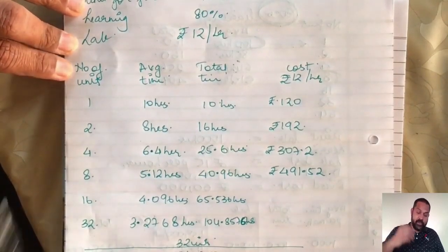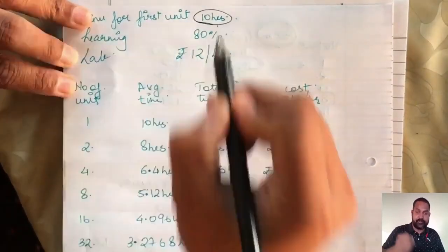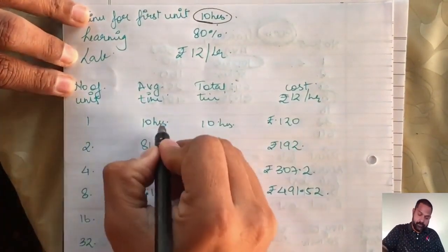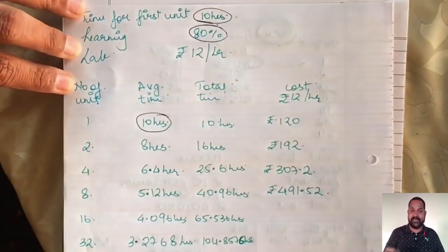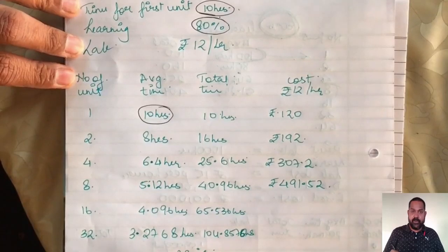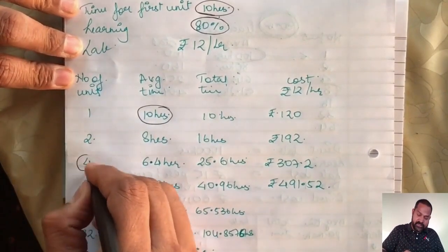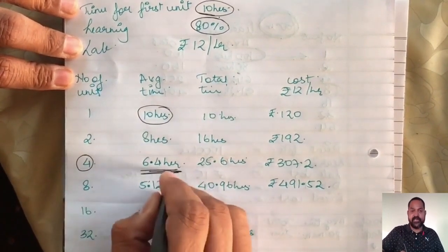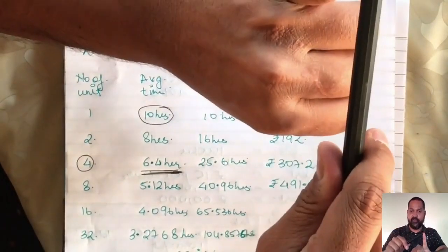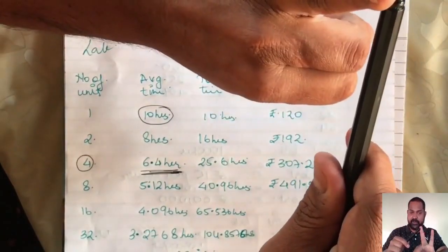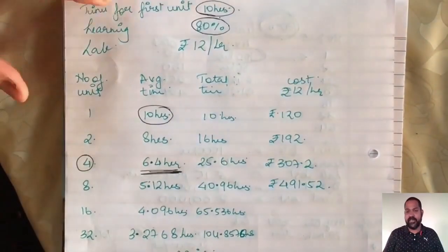And that is, if you give me the time for the first unit and you tell me what the learning rate is, for any given number of units, I can give you the average time.